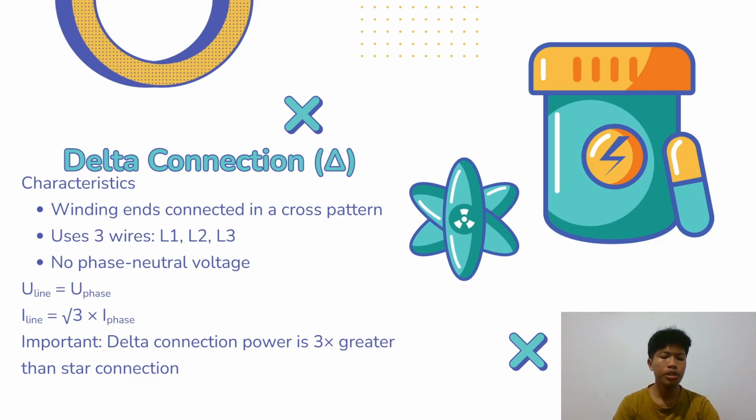Second, only three wires are used: L1, L2, and L3. There is no neutral connection, and the last is no path to neutral voltage available. The relationships are exactly opposite to star. First is line voltage equals phase voltage, line current equals root 3 times phase current.